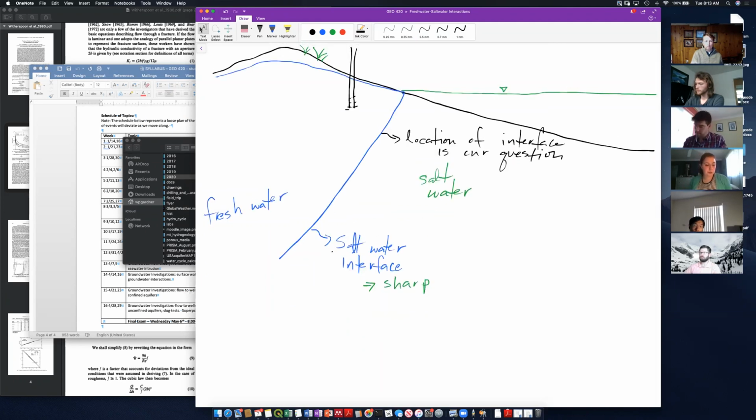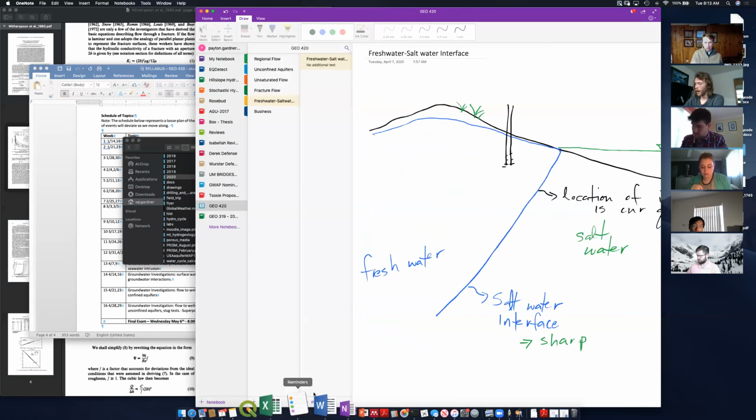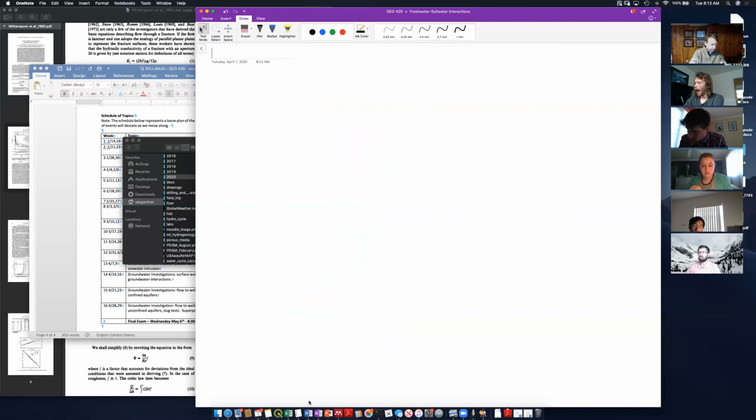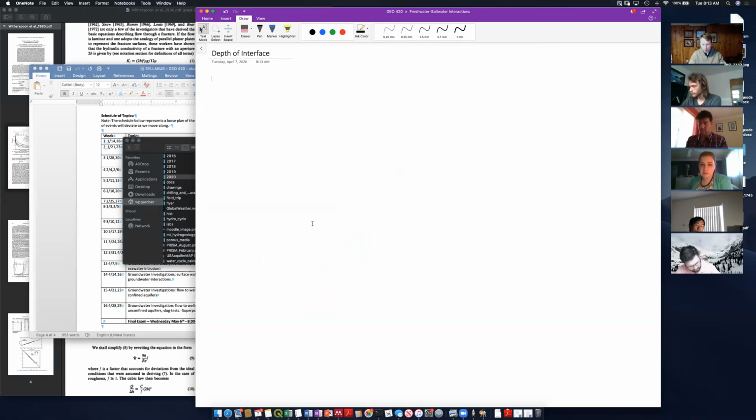So, start a new page here. So the depth of the interface. So here I'm gonna draw another, zoom in a bit right on the interface. So here I got the land surface dipping down.